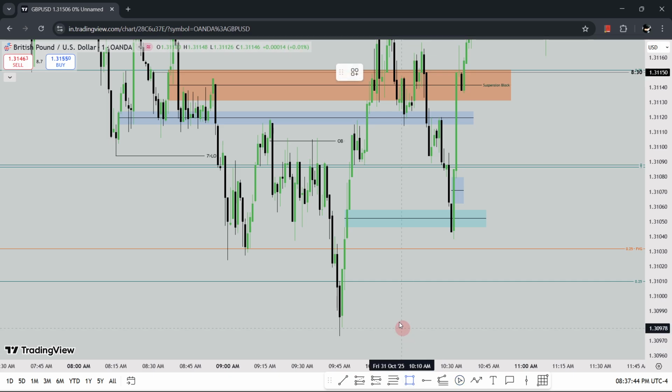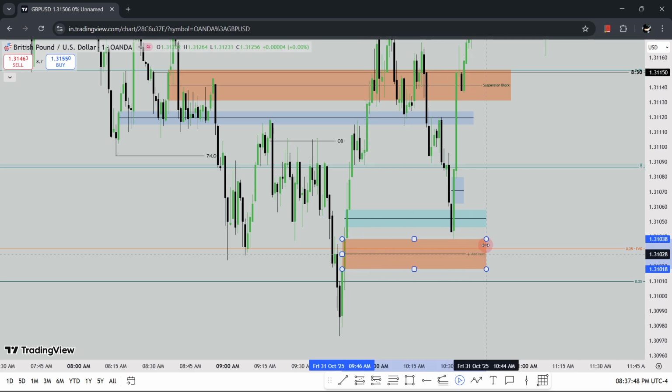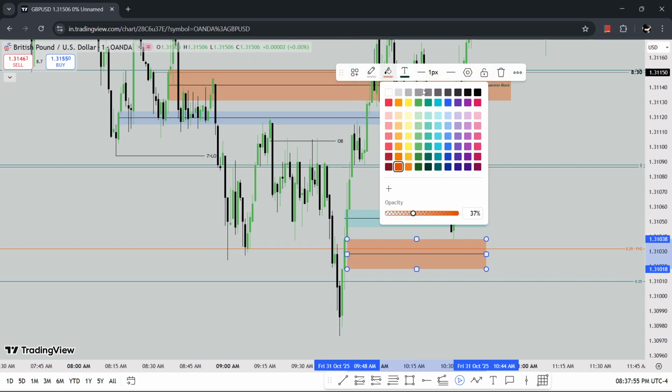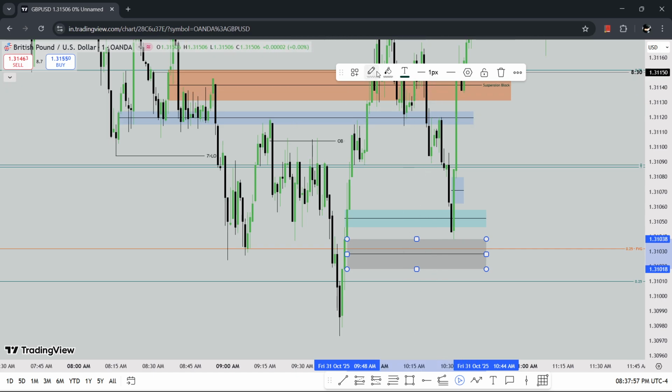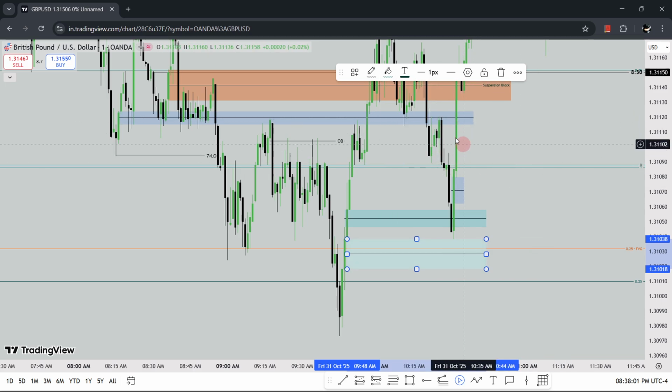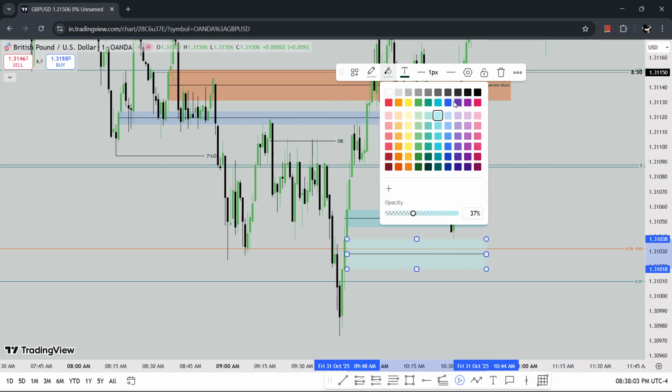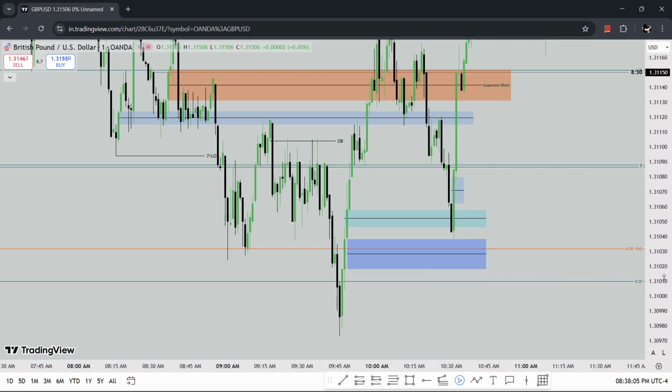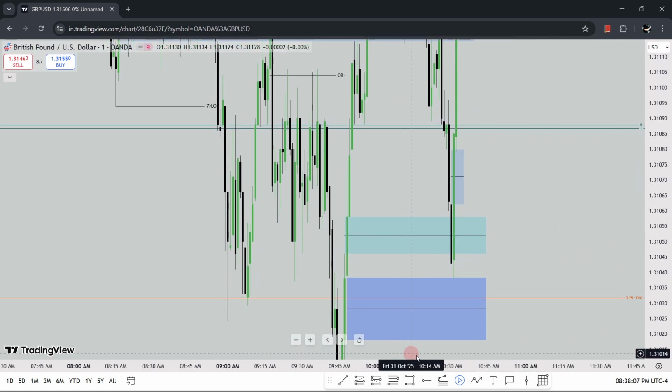So I don't want that to be filled. But unfortunately, at least it is permissible if the upper quadrant of this fair value gap is stated.